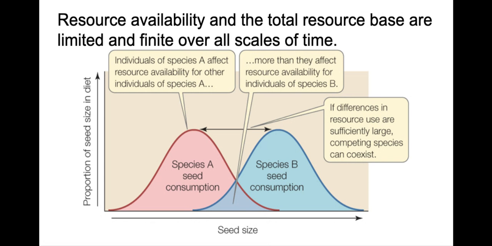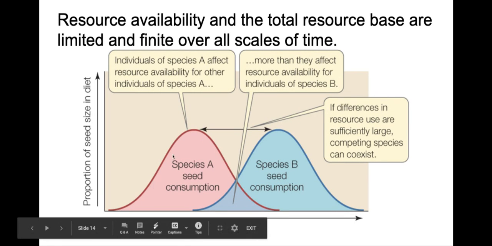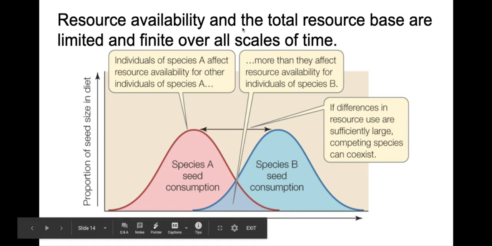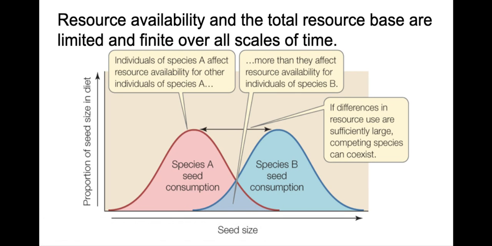So if we have two species eating this resource, or taking advantage of this resource, what's going to happen is, depending on the competition, depending on if they are weaker or stronger competitors, they are going to overtake the resource that's available, and then they will drive the other population out, or they might share the resource through resource partitioning. So it depends on the location.